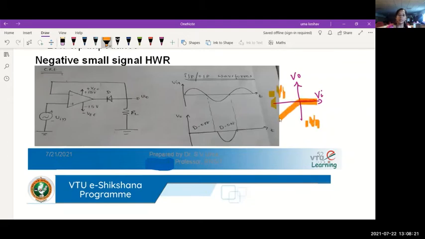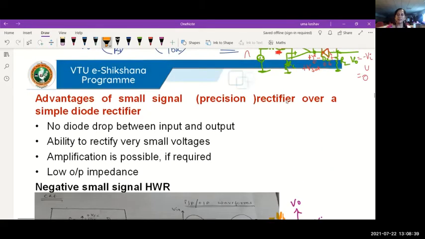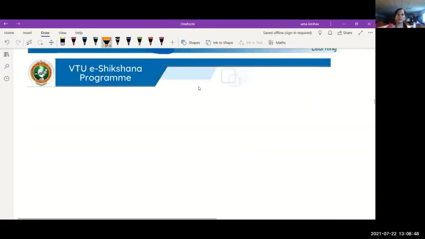So you will be getting it in the third quadrant. Negative input, negative output. This is the transfer characteristics for this circuit. You should be able to draw the circuit when you are given transfer characteristics also. That would be a great advantage, especially in the lab. If you are given transfer characteristics, you should be able to draw the circuit. Okay, I hope you followed all these things.